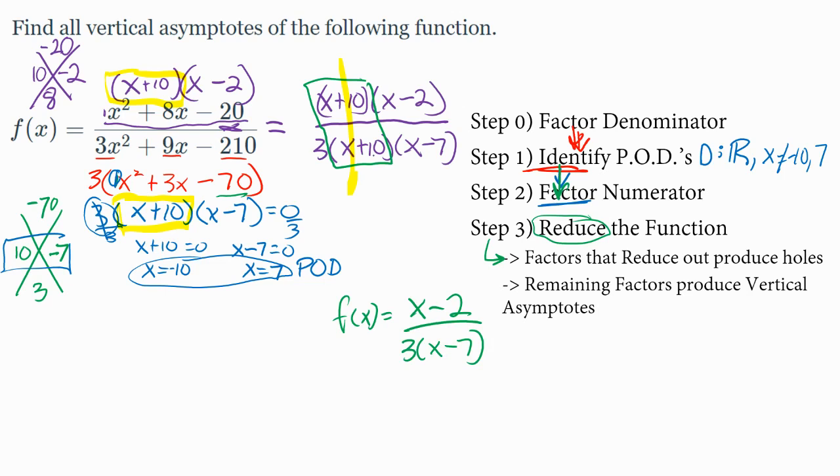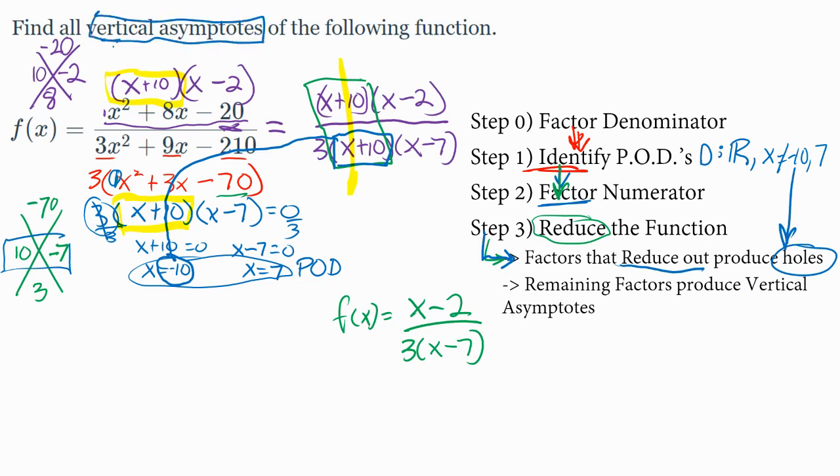The point of the problem is to now figure out that this x plus 10 connected back over here with this point of discontinuity of negative 10. That negative 10 reduced out. That negative 10 is a hole, not the answer to my question. My question says, what are the vertical asymptotes? So if we put x equals negative 10 as a result, we'd be wrong. That is a hole, not a vertical asymptote.